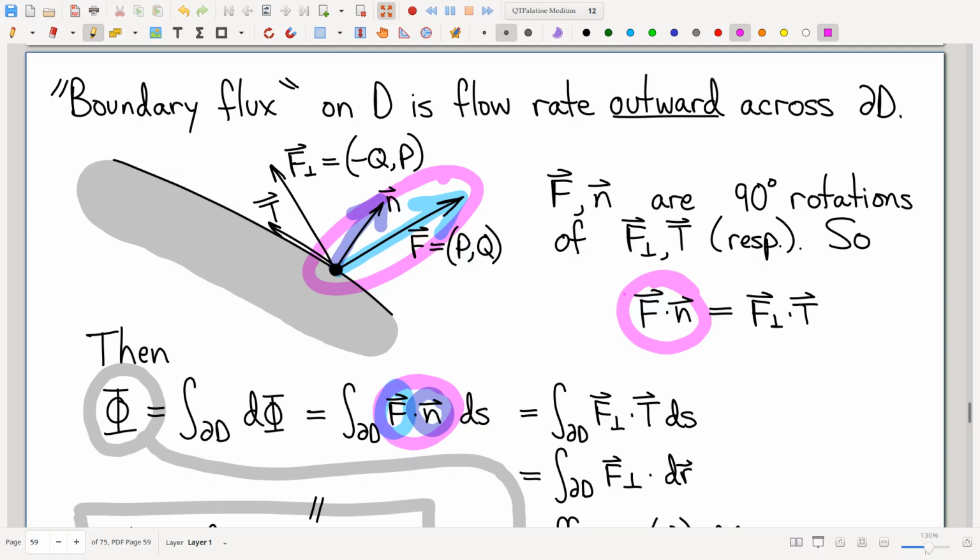But if I do that, rotating them both, check it out, the normal vector becomes the tangent vector. And what had been F becomes just the rotation of F, and flashbacks to linear algebra, 90 degrees counterclockwise rotation turns P comma Q into minus Q comma P. Now, we've talked about this at various points in the past.